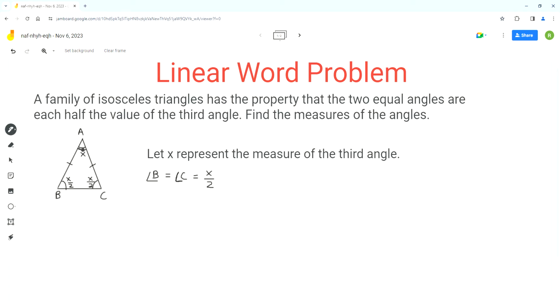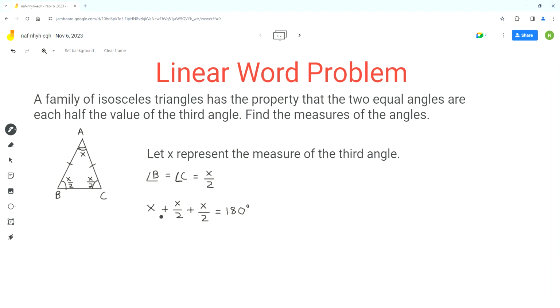Now we know that in a triangle, the sum of three internal angles is always equal to 180 degrees. So we'll use that to write our equation, and that will be x plus x over 2 plus x over 2 equals 180 degrees. So this is the equation we have to solve, and that means we have to isolate the variable in the equation.